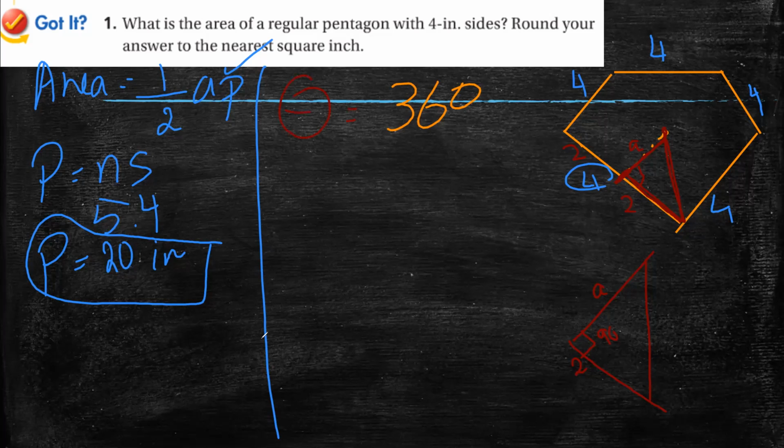There are 5. So I will divide by 5. 360 divided by 5 is 72. So the angle here is 72, and here also the big one is 72.